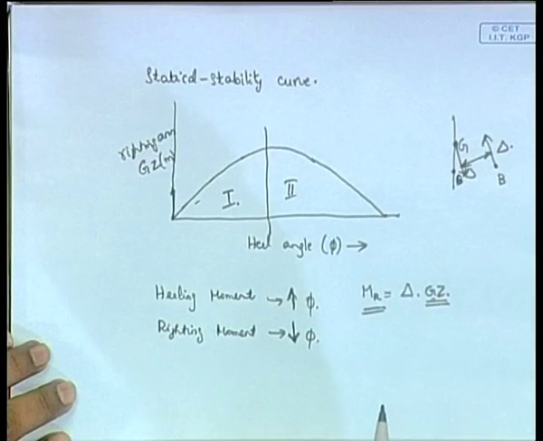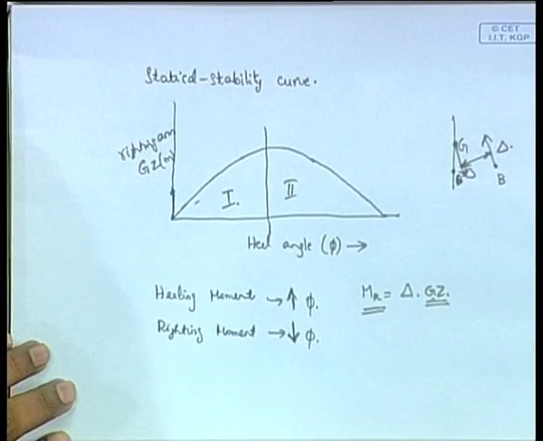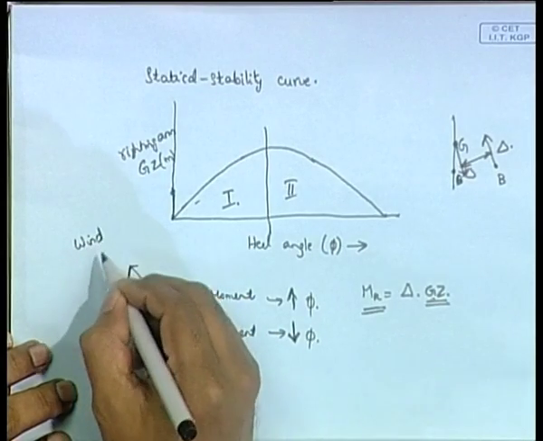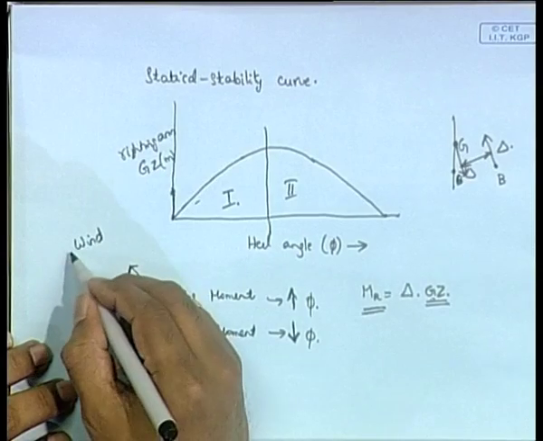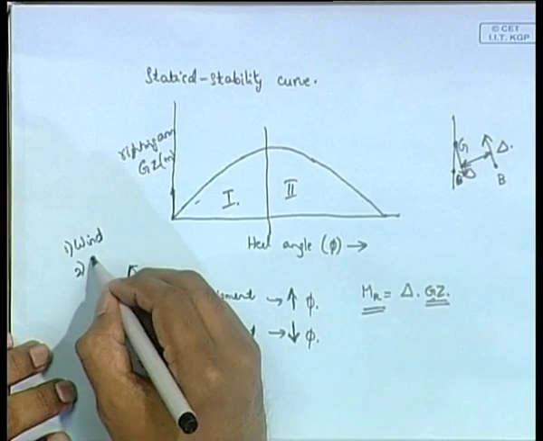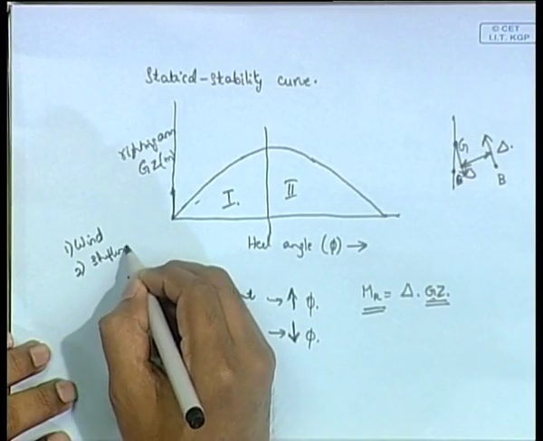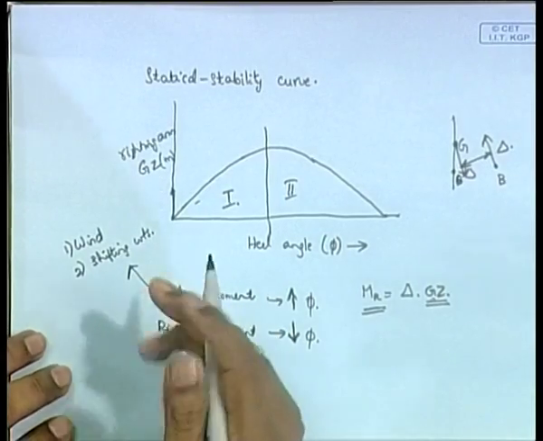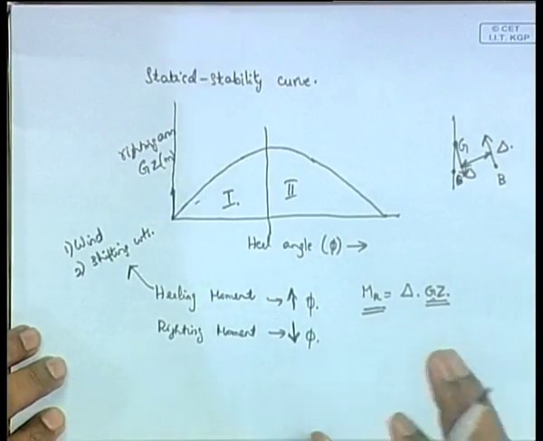So, the righting arm is associated with the righting moment, not the heeling moment. The heeling moment is associated with the wind, or rather, the moments that mostly contribute to this are wind, then shifting of weights. You know that when a weight is shifted, the G will shift and as a result it will try to heel, that is one.